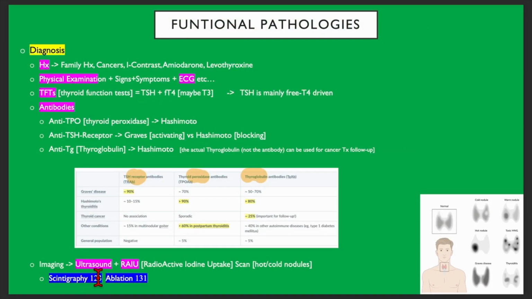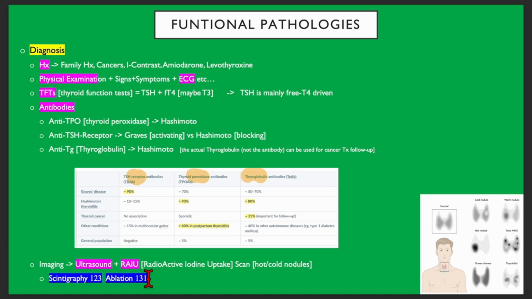For scintigraphy, we'll use 123 or 131, depends what is your choice. You can use both, but usually it's 123 because it's not damaging. And for ablation, you use 131. That's the isotope that is going to kill everything. So for example, if I have a patient who did thyroid surgery, they removed the thyroid because of cancer, and I want to scan the whole body to see if there is any metastasis, I'm going to use the 131 because I want to find the metastasis, but at the same time kill the metastasis.